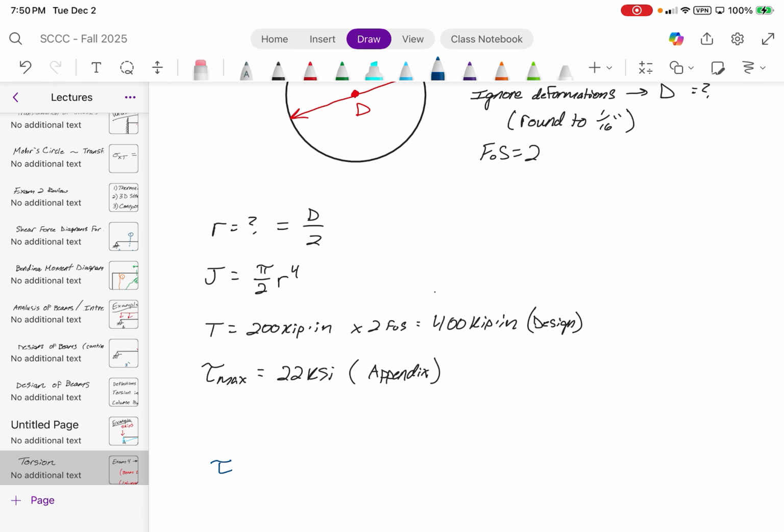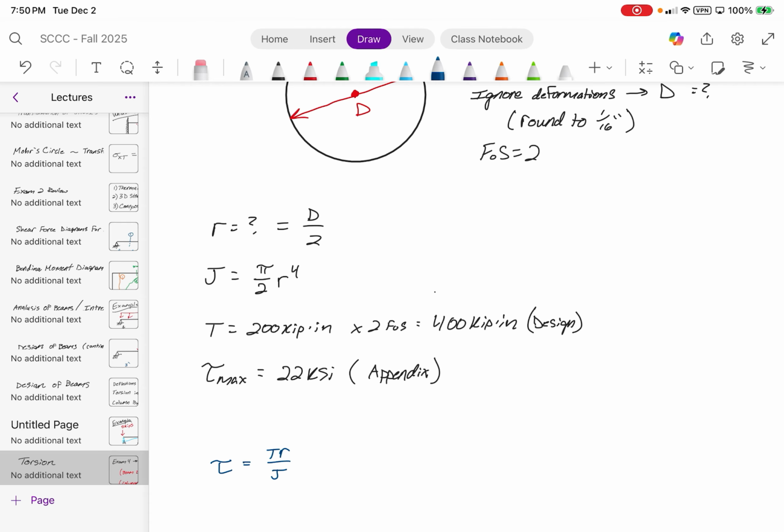I would say use tau is equal to TR over J, because that has everything that we need, right? It has the shear stress, it has the torque. Radius we don't know, and the polar moment of inertia we don't know, but we can figure those out because they're all functions of the radius.